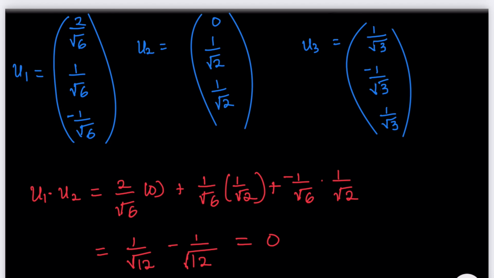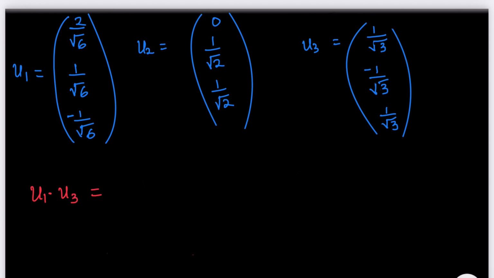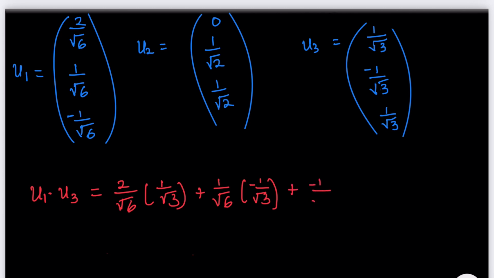Now let's verify that of u1 and u3. Computing u1 dot u3, we are going to have 2/root 6 multiplying 1/root 3, plus 1/root 6 multiplying -1/root 3, plus -1/root 6 multiplying 1/root 3.